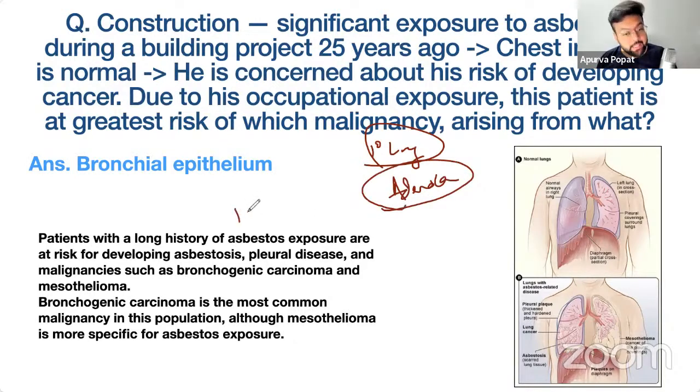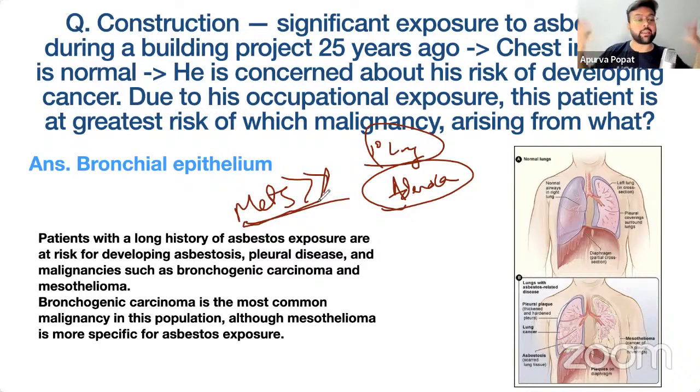Yes, mets are most common because lungs are the favorite site of all the cancers to drop in. If I just play the odds, metastasis of the lung is most common, followed by adenocarcinoma of the lung. And adenocarcinoma of the lung is common in which gender? Females. Females more. Do they need a history of smoking?